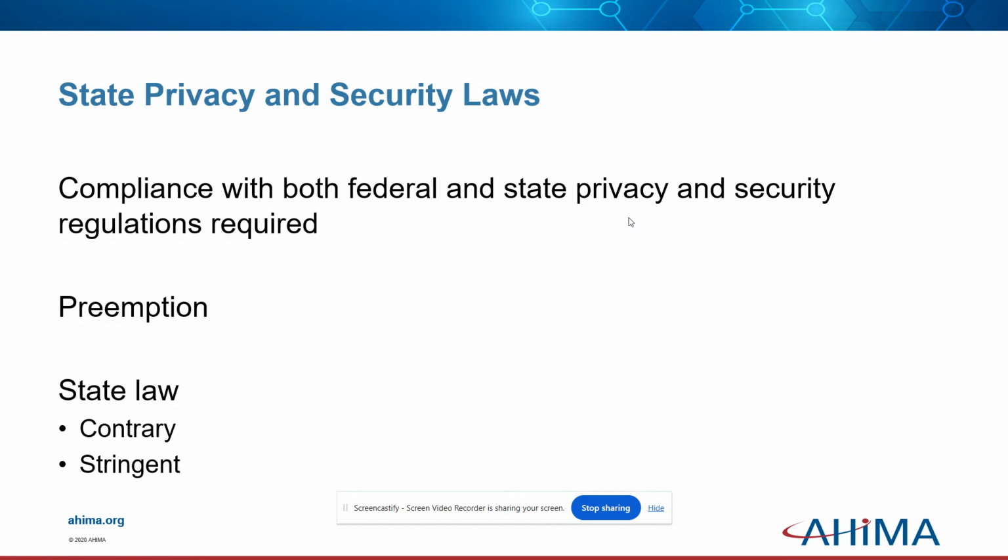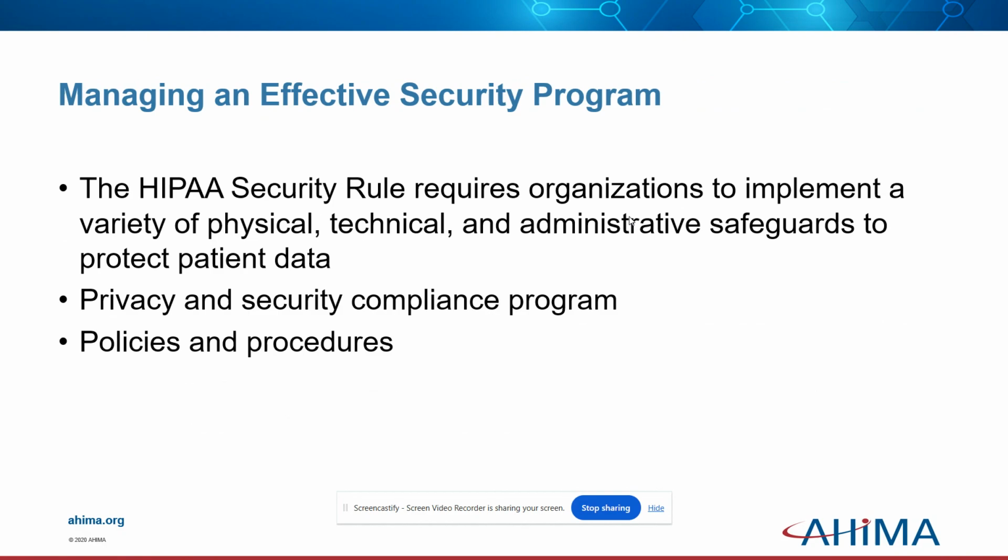In these instances, and for providers, compliance with both federal and state privacy and security regulations is required. Understanding the HIPAA security rule ultimately requires that organizations implement a variety, not just one, but a variety of physical, technical, and administrative safeguards to protect the patient data.